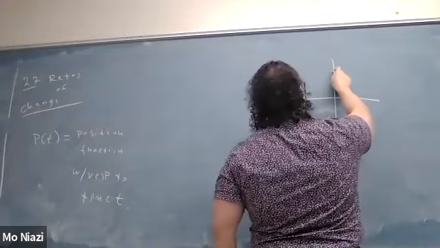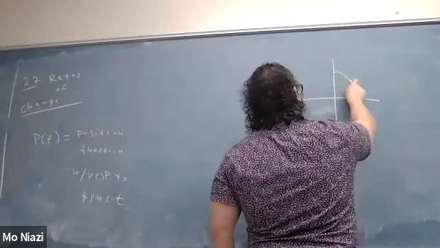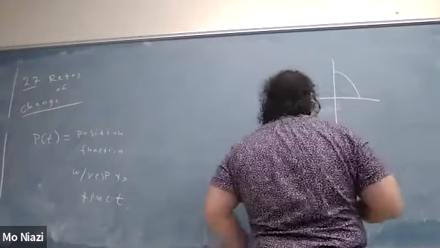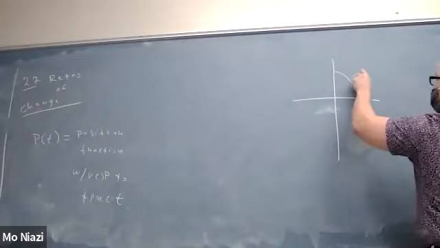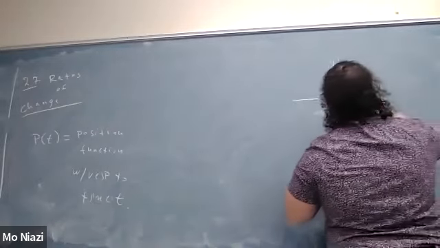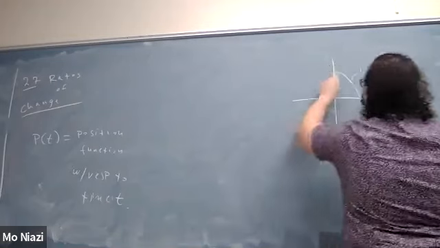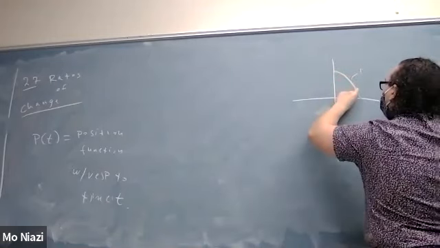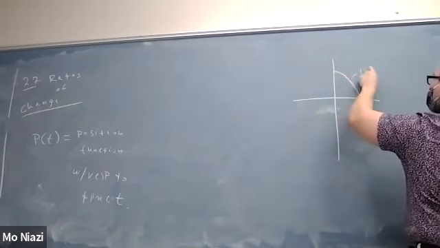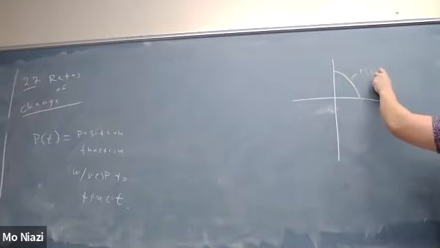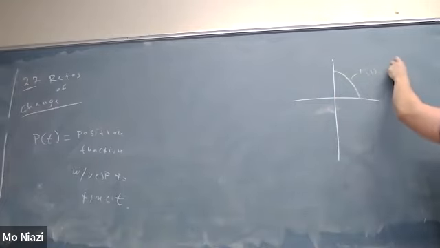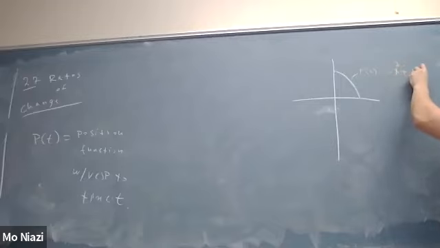Let's say we have a function where f of x is equal to negative x squared plus 10.